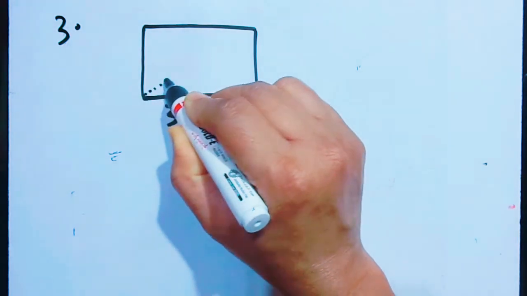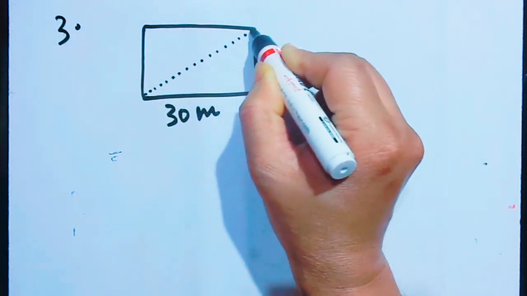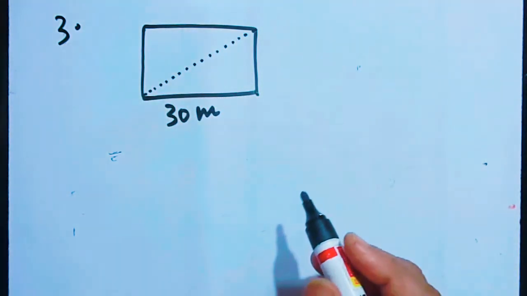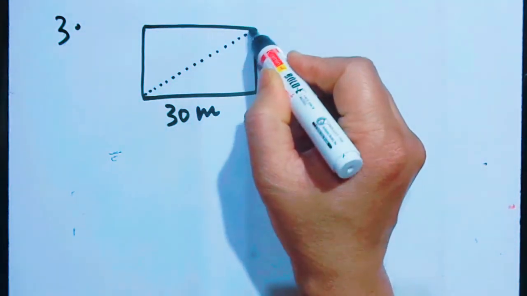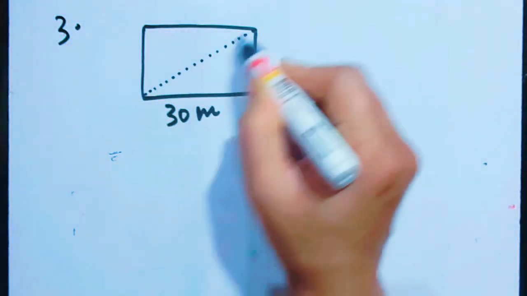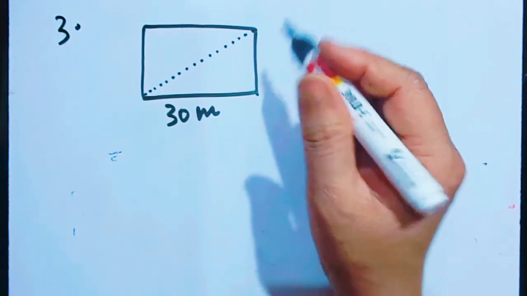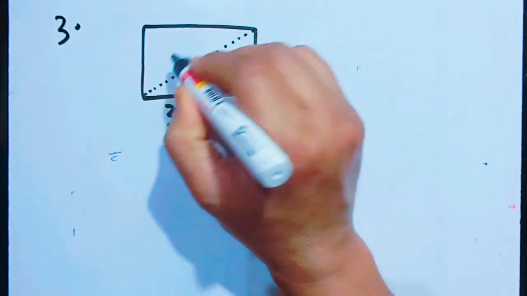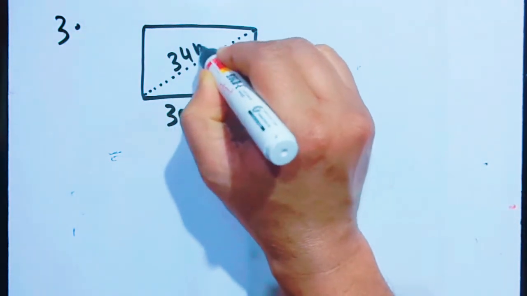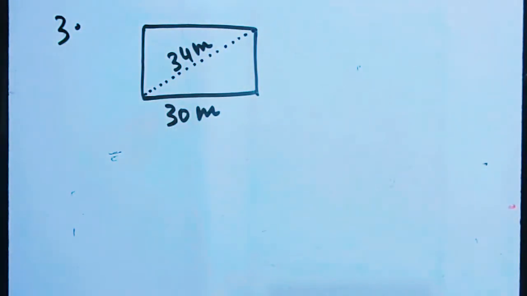You should understand what the diagonal means. Diagonal means the line joining the opposite ends of a rectangle or a square, isn't it? So here this diagonal is your 34 meter. Very good.